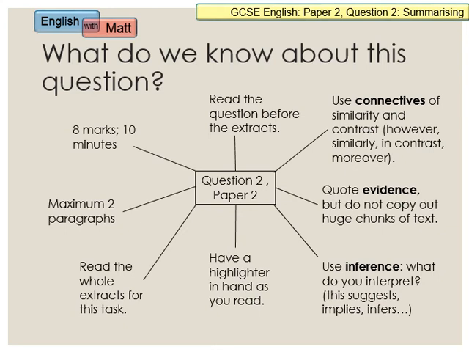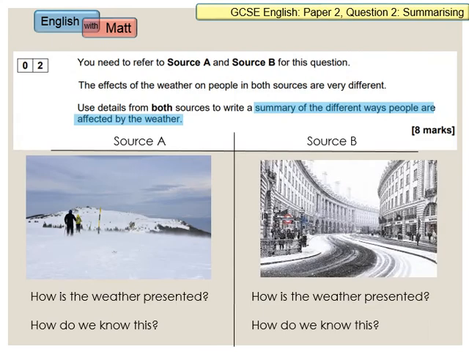Okay, so the question itself that we're going to be looking at is this. It will remind you obviously to look at both sources because you have to compare them. And it says the effects of the weather on people in both sources are very different. Use details from both sources to write a summary of the different ways people are affected by the weather. And I've highlighted that in blue because that is the crux of this task.